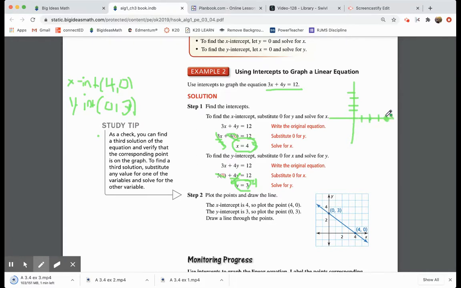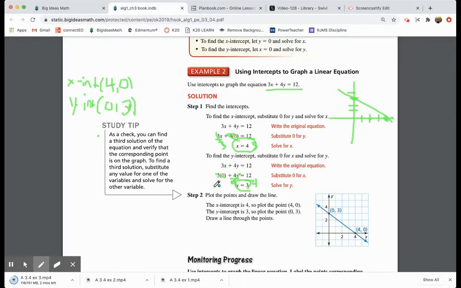That should make sense. The x-intercept is where it crosses the x-axis. The y-intercept is where it crosses the y-axis. So there should be points on those lines. So 0, 3. Once you get those 2 points graphed, you just draw your line through them. And we now have graphed 3x plus 4y equals 12.